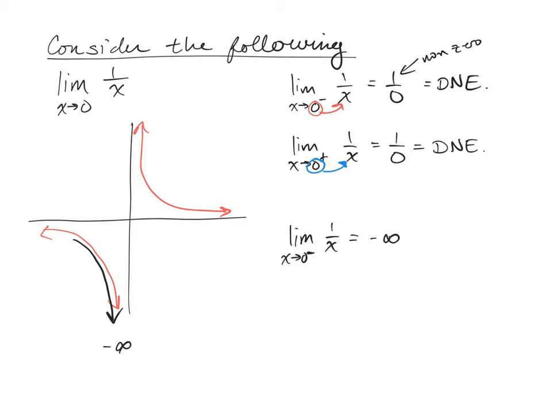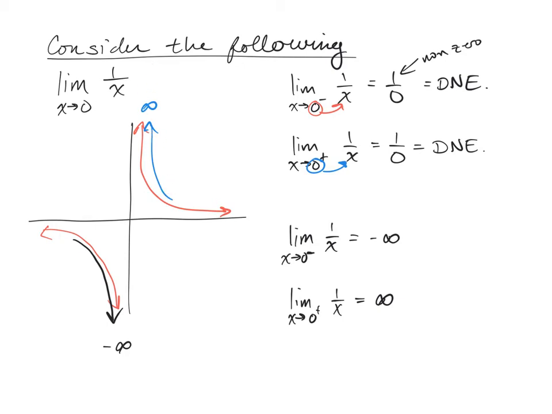And by the same train of thought, we can say the limit as x approaches 0 from the right of 1 over x is positive infinity. That's because as we approach 0 from the right, the graph here goes up forever.